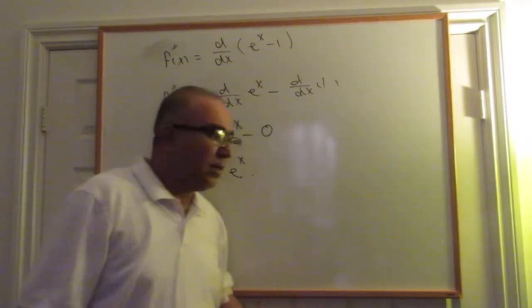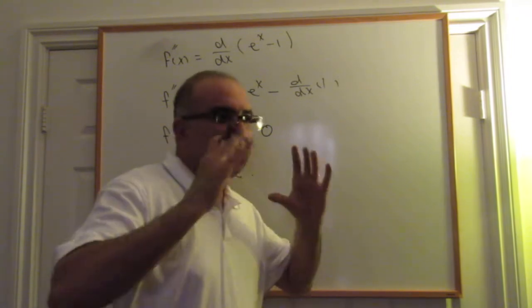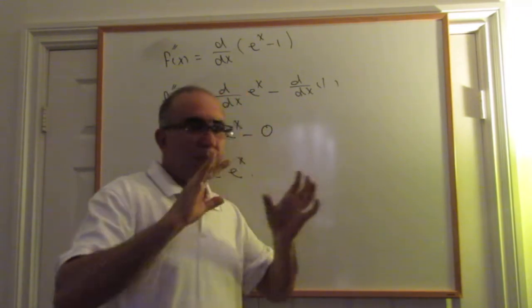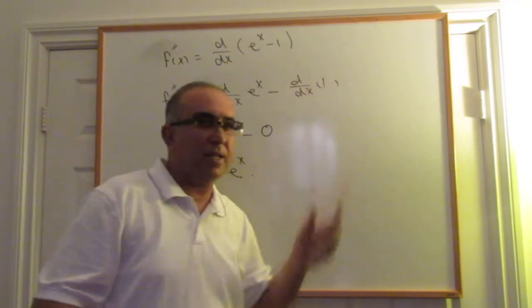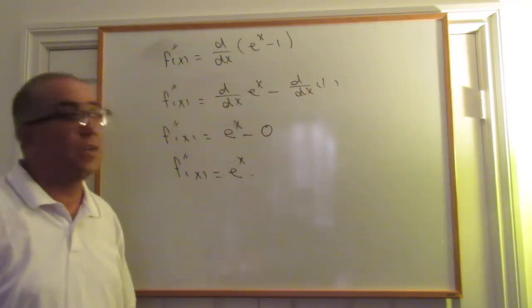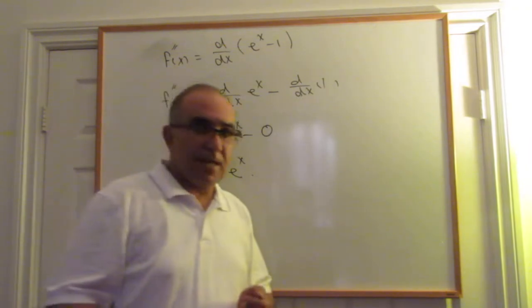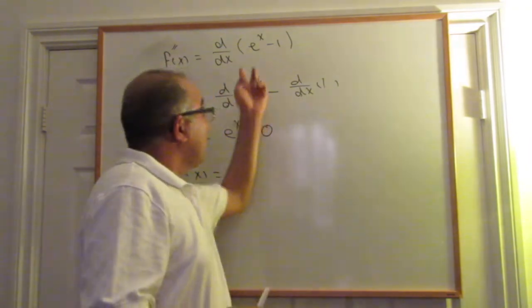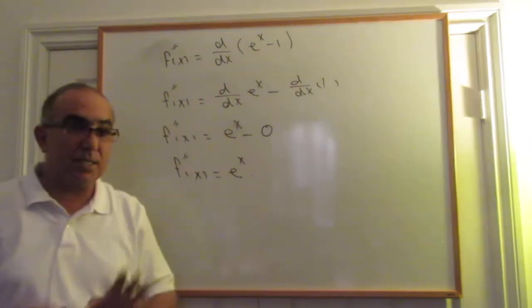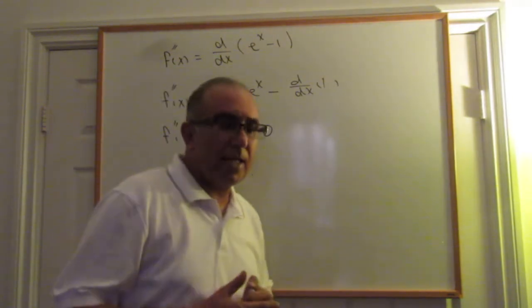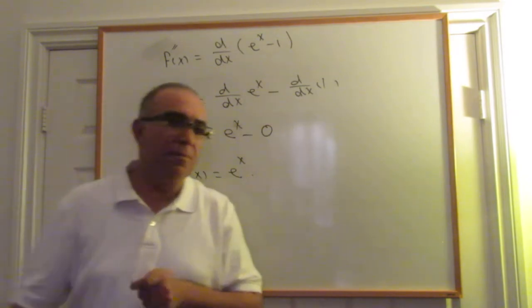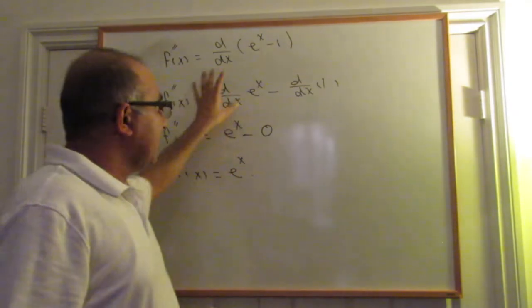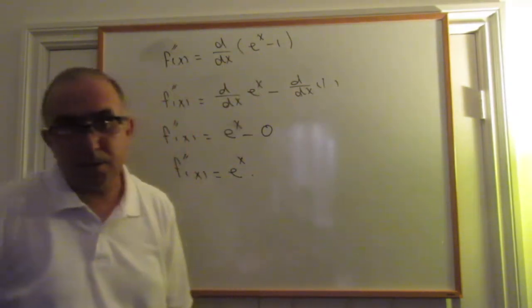The third one, if you have the addition of two functions, you can take the derivative of the first function and the derivative of the second function, and the same way for subtraction. And the last one, the derivative of e to the x. These are the 4 or 5 rules that I explained in 3.1 for you, and 3.1 of your book is only and only about these rules, correct?